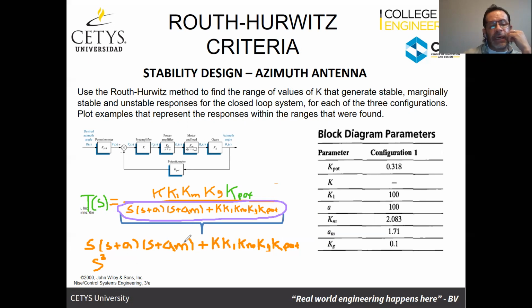Then a times s, plus am times s, which is going to be s squared. And lastly, a times am, multiplied by s, is going to be a times am times s.